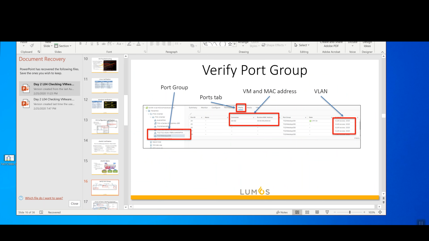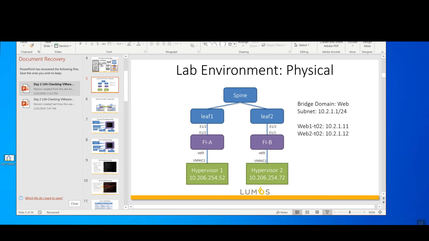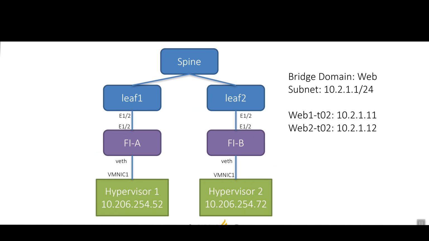If we go back to our diagram, this is our diagram for our fabric interconnects. We know that we're on a vEthernet interface. So this is our hypervisor. We've checked VMNIC 1. It tells us we're connected to vEthernet 771. Again, this is something I'm going to make a note of so that we can get into this blade switch.